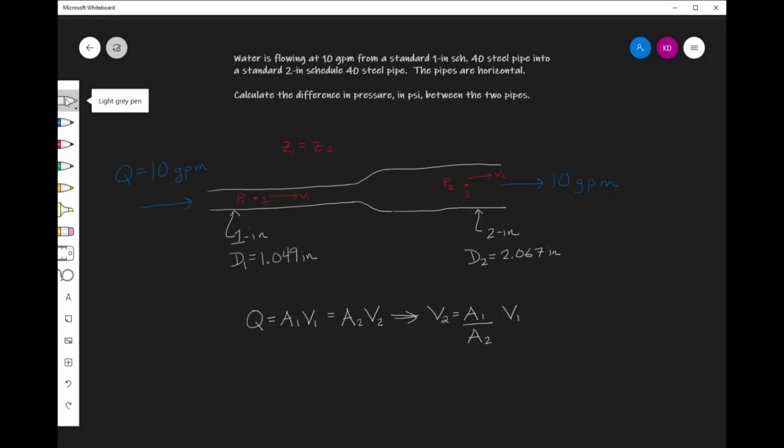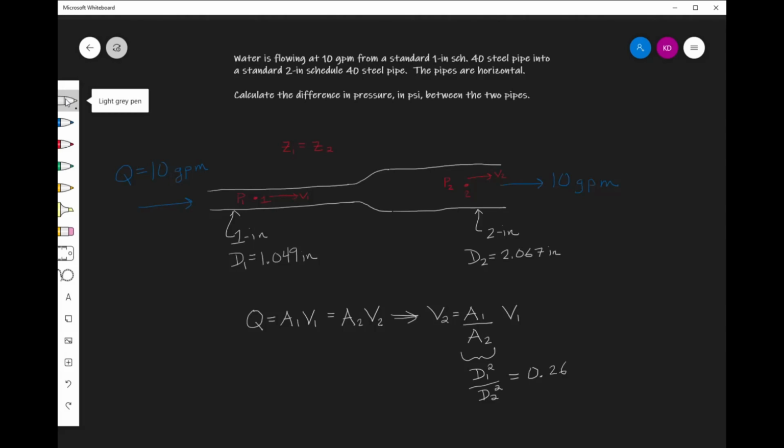Now this ratio of the area 1 over the area 2 is equal to the diameter 1 squared over the diameter of the second pipe squared. When you work this out, it's about 1/4. Again, it's a 1-inch going to a 2-inch pipe. The ratio of the diameters is 1 over 2, so the ratio of the areas would be 1 over 4. When you use the exact dimensions, you actually get a ratio of 0.26.